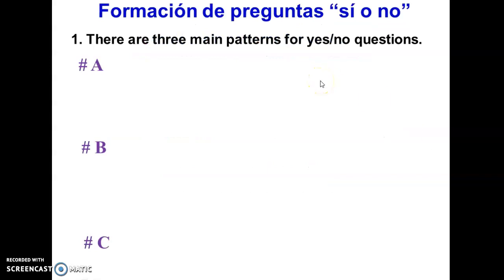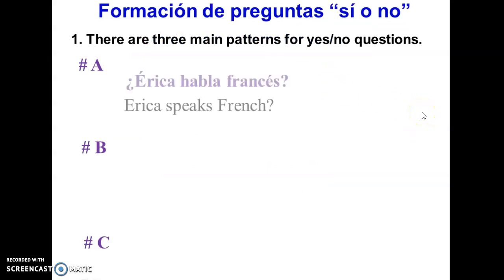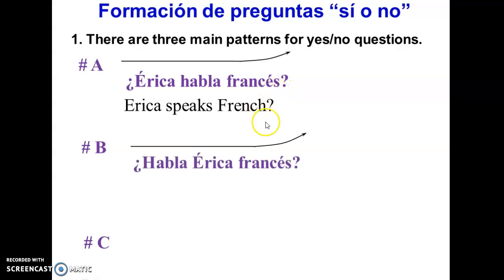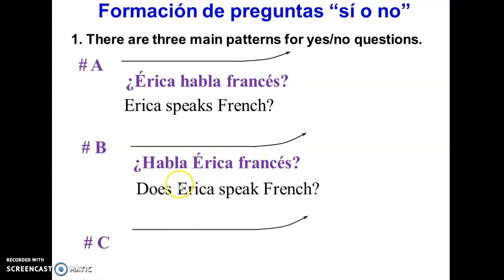There are three main patterns for yes and no questions in Spanish. Like I was saying, we can use the same format as a statement, but we put the question mark at the beginning and at the end, and we make a question. Erika habla francés. That's one of the patterns. The second one, we can use the verb at the beginning, and then the subject, and then the object. Does Erika speak French?